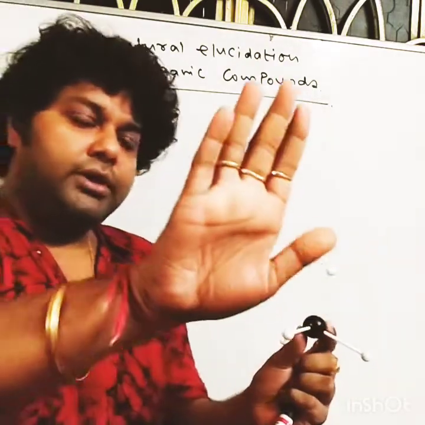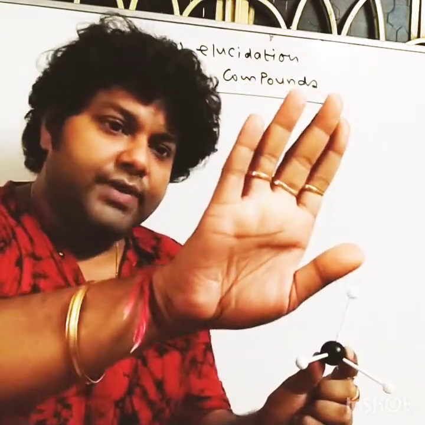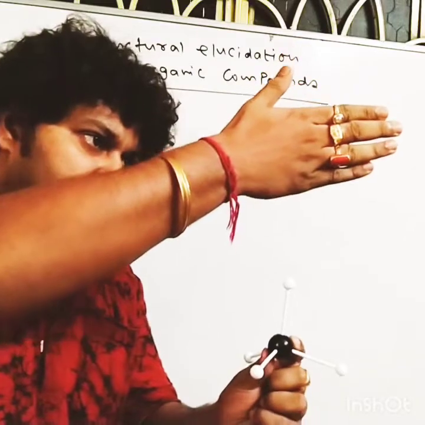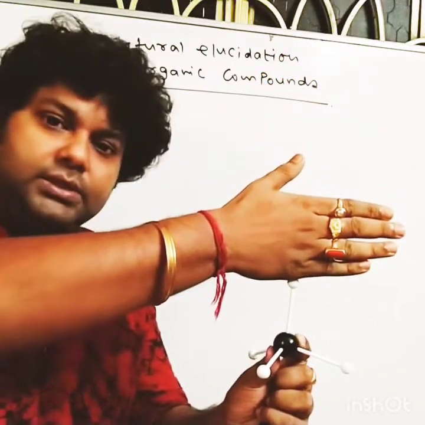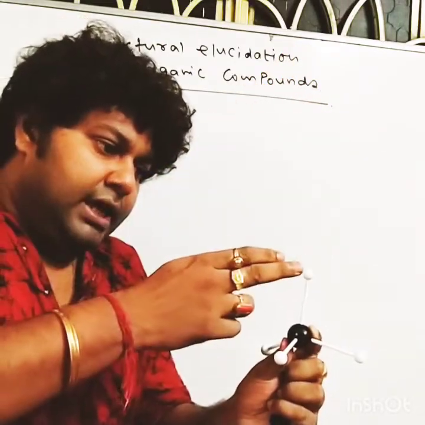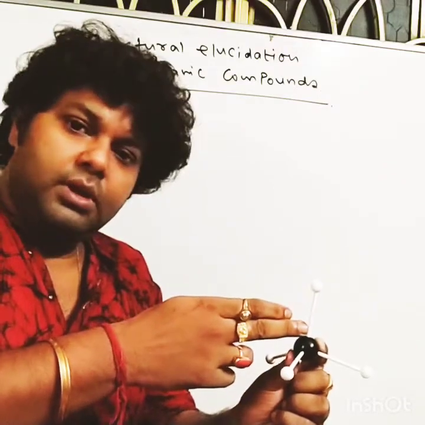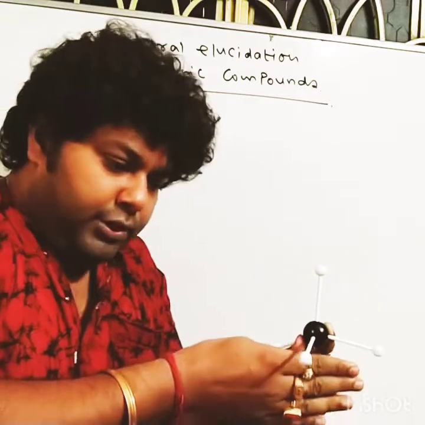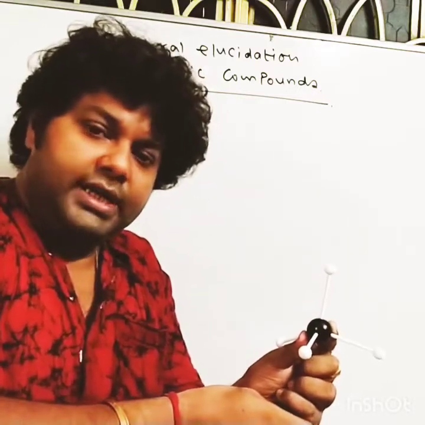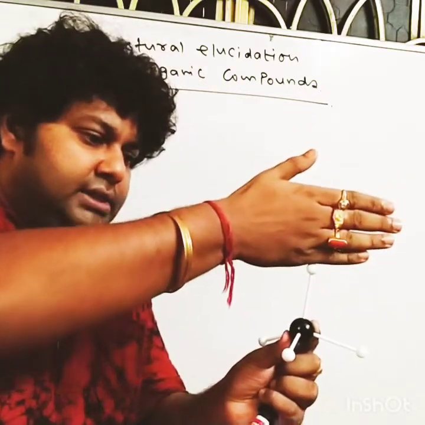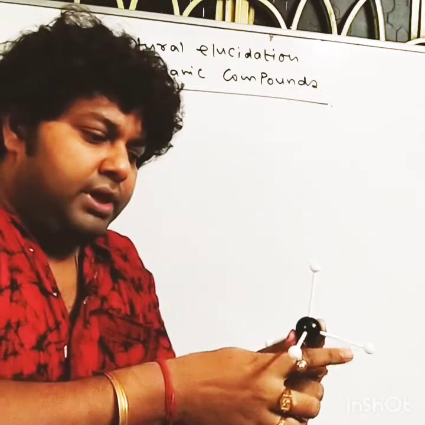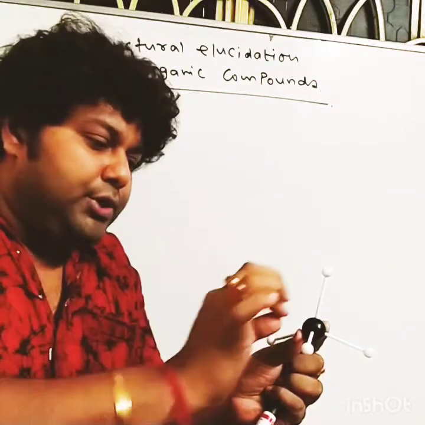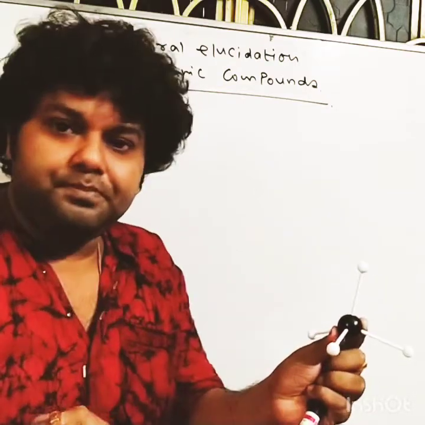Think about it, this is my palm. If I consider this to be a plane, and I pass this plane through this, it will cut this carbon, it will cut this bond, and it will come down. Understandable? It is not going to harm this one or this one.